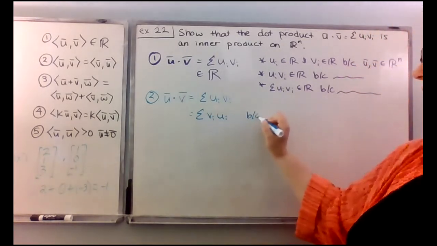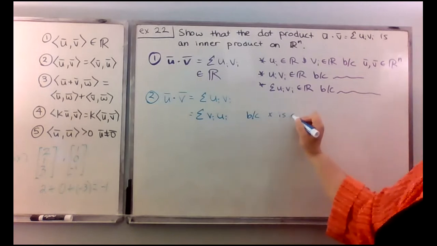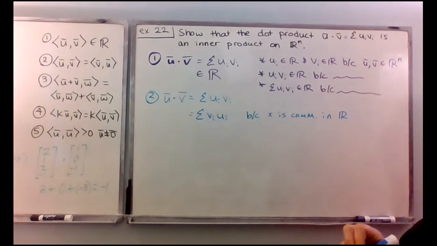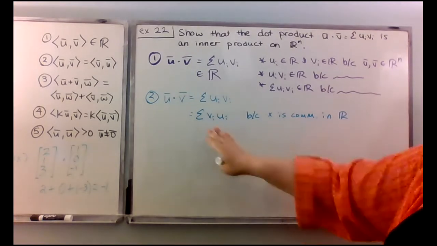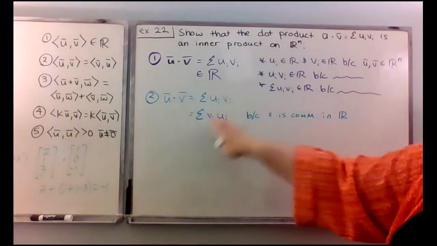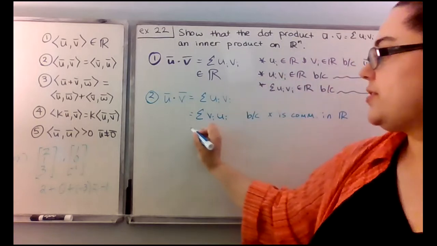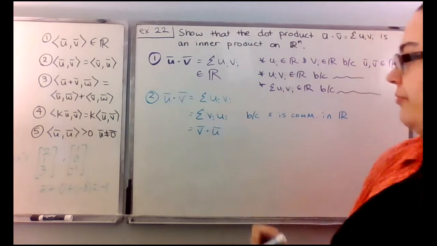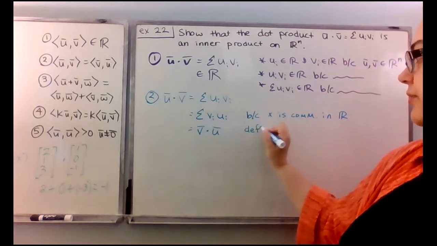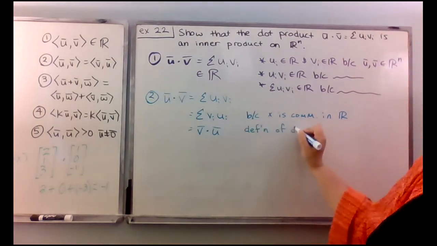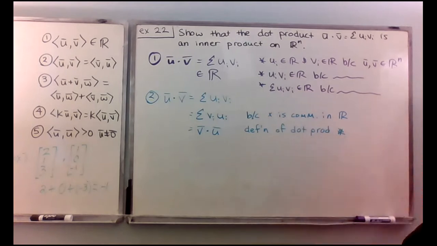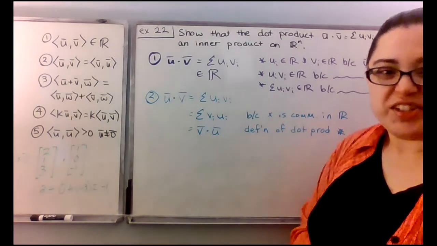And that's because multiplication is commutative in the reals. But now if I look at this and apply my definition of the dot product, this is the same as v dot u. That's by definition of the dot product.